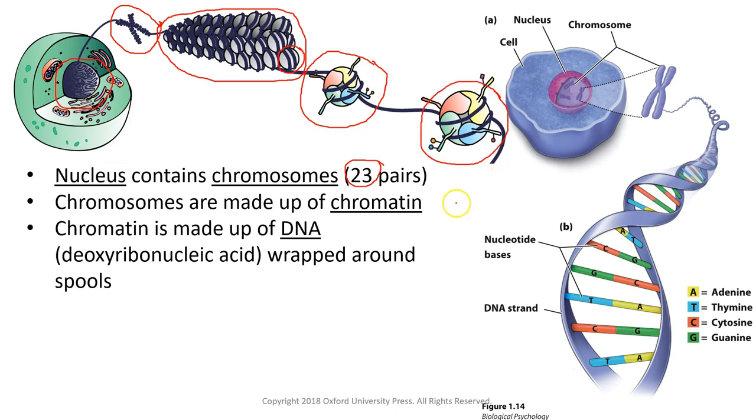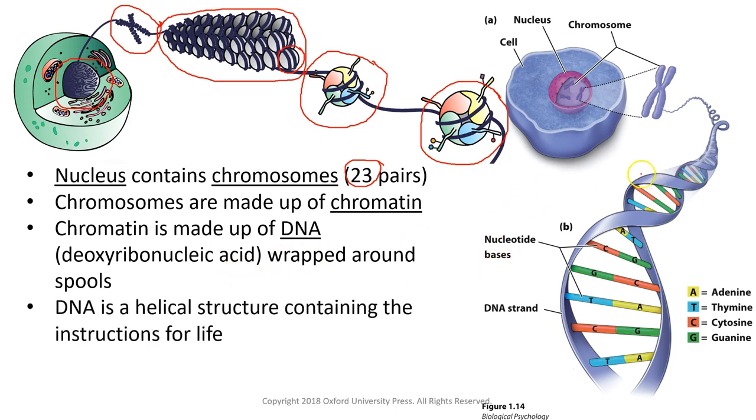That isn't important for this slide right now. But DNA is a helical structure containing the instructions for life. That's what you see right here. And we have like yards and yards and yards of DNA tightly wrapped into every single nucleus of our cell. Isn't that incredible?